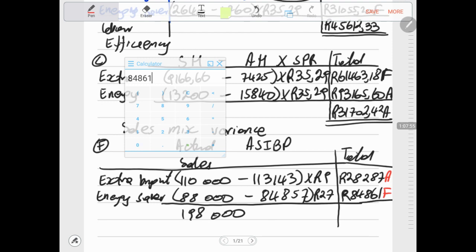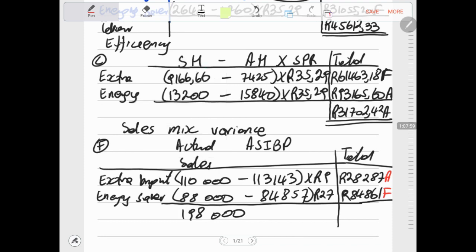Now this is how we have calculated. Once again, a brief explanation. This is how many units were supposed to have been produced and sold, but we produced and sold 110,000. That becomes unfavorable for us, because remember, sales bring income. We are supposed to have produced and sold 84,000 based on the budgeted proportion, but we produced and sold 88,000.